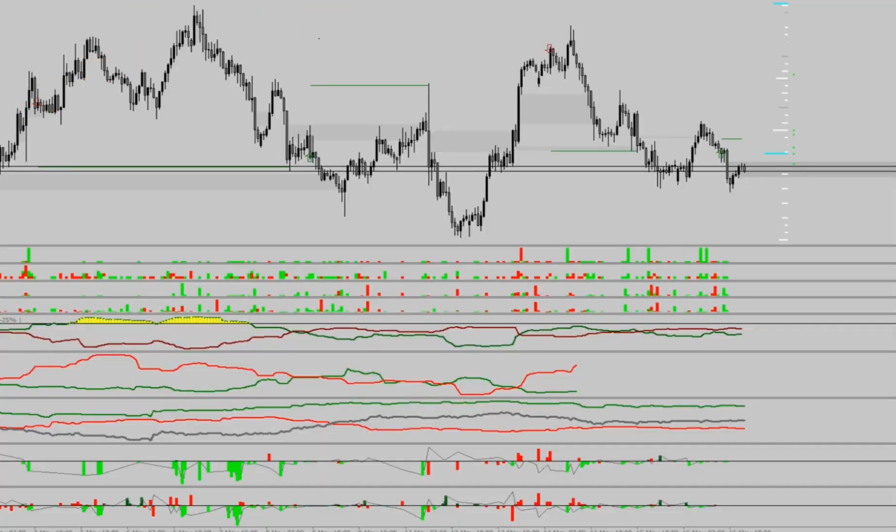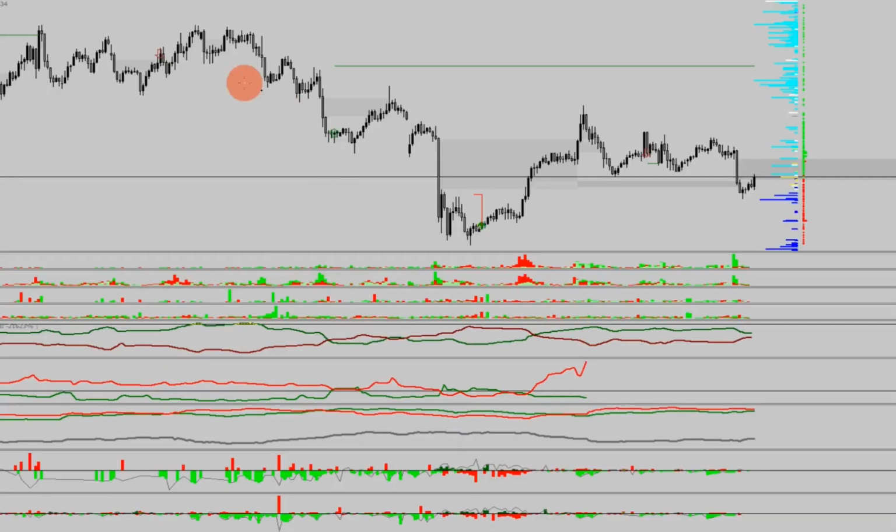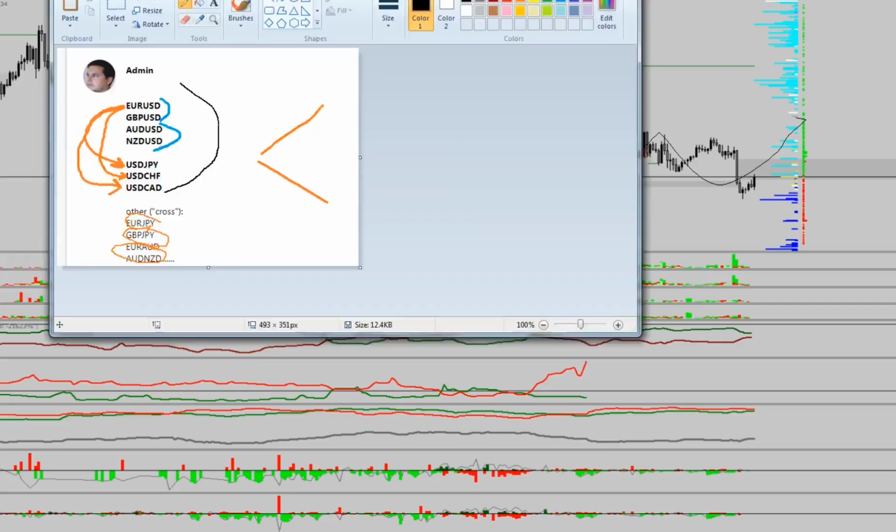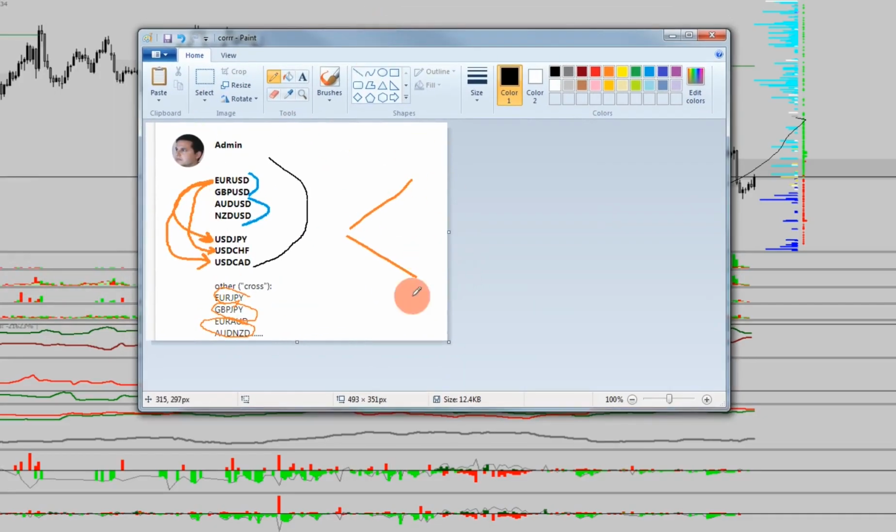So here we had the range with up move, down move. And in euro dollar, somewhat similar, not exactly. Down move, up move, and range as well. So if you go to the pairs which are a little bit less correlated, the more you go to the lower time frames, of course, you will start to see differences. But this is a very good rule of thumb, okay?